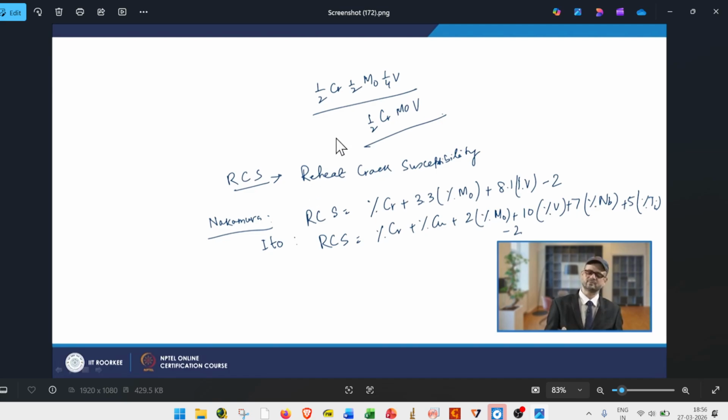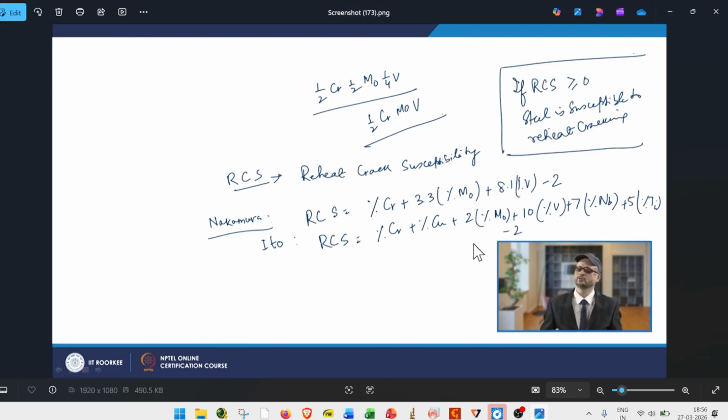We can calculate the reheat crack susceptibility for this kind of material using this formula, based on the percentage of chromium, molybdenum, vanadium and so on. If the value is greater than 0, the material is more susceptible to reheat cracking.